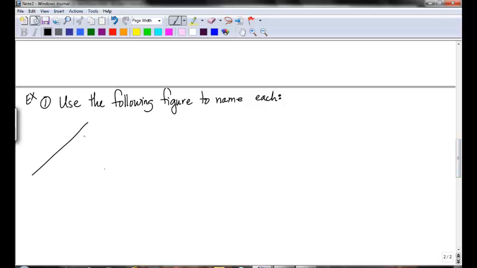When you draw this, it looks like a parallelogram where these 2 lines are supposed to be parallel to each other. These 2 are supposed to be parallel to each other. And it doesn't matter if you slant it this way or if you slant it this way. That doesn't matter.